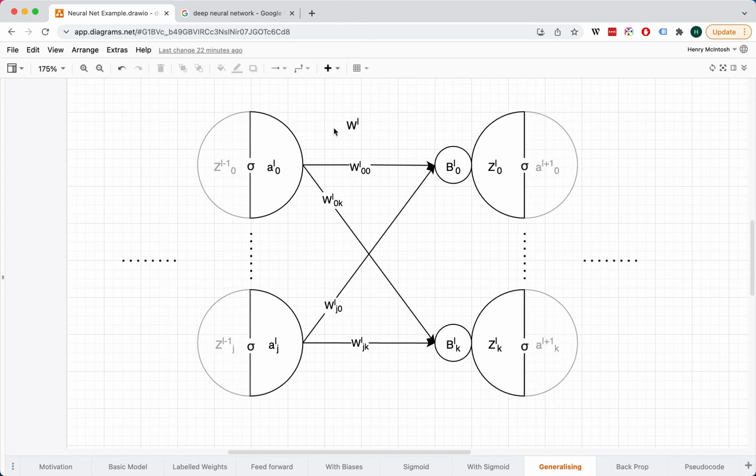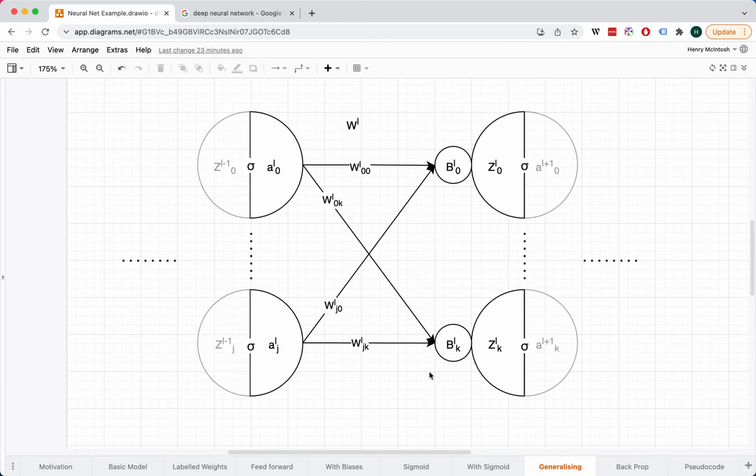Okay. So in some literature, you'll see them split the layers based on when we do the actual weight matrix multiplication. And that kind of makes sense because we're going to change the length of the vector in doing that, probably. So our activation vector here is not necessarily going to have the same length as this z vector or this b vector over here.